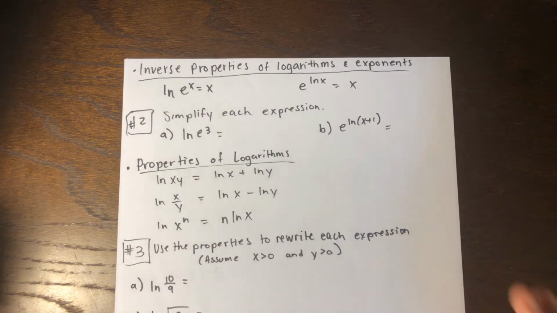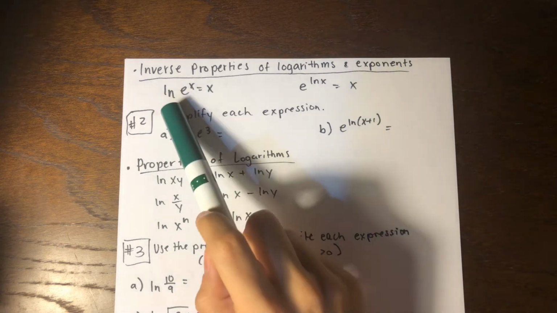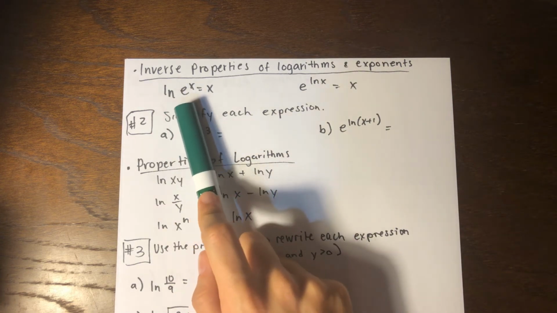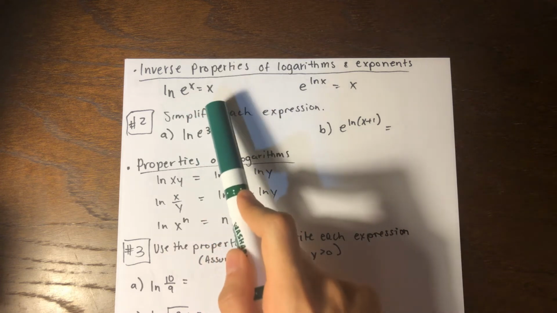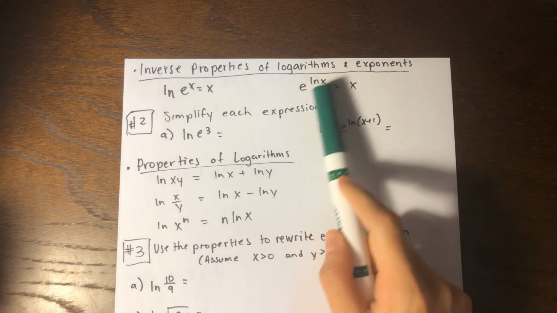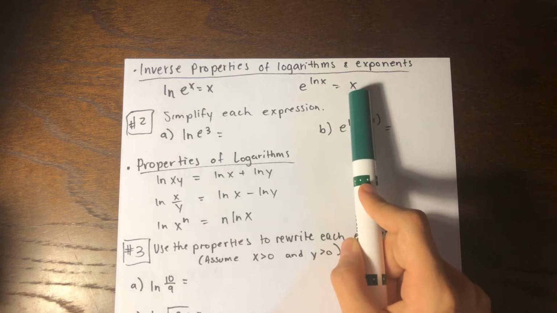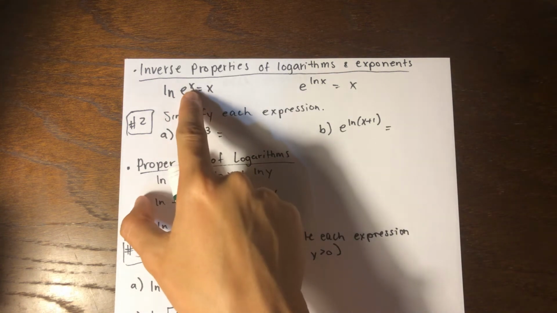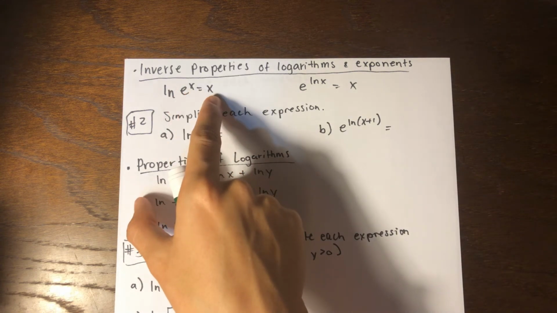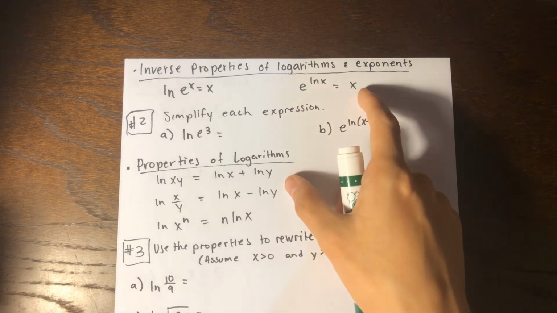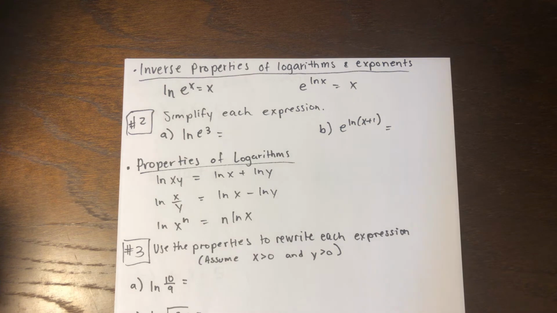So we're talking about inverse properties of logarithms. These are given to you like rules. We have the natural log of e to the x is x, and e to the natural log of x is just x. They want us to simplify. Basically, for the first one, the power is your answer, and for the second, your x is your answer.